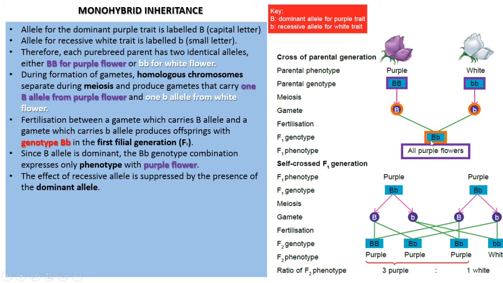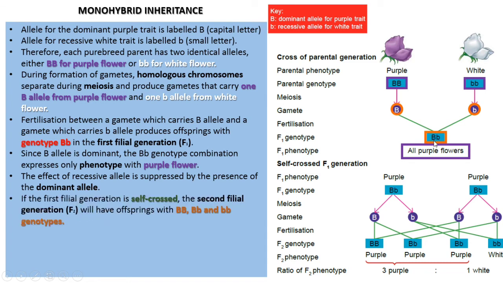After that, the first filial generation is self-crossed. Okay, dia semua bunga purple ni ataupun bunga ungu ni dikacukkan sesama sendiri, so akan menghasilkan generasi yang kedua. Okay, contohnya macam ni. Self cross, so purple flower cross with purple flower, so purple flower B besar b kecil menghasilkan gamete B besar satu ataupun gamete b kecil.